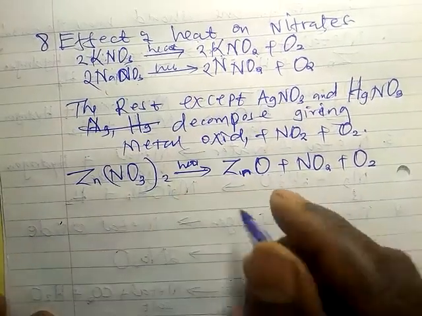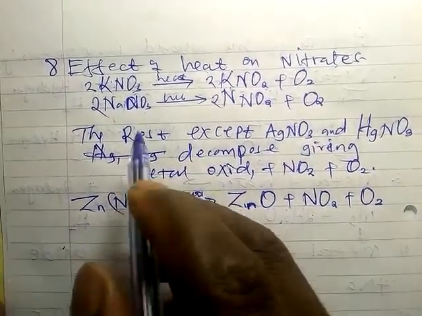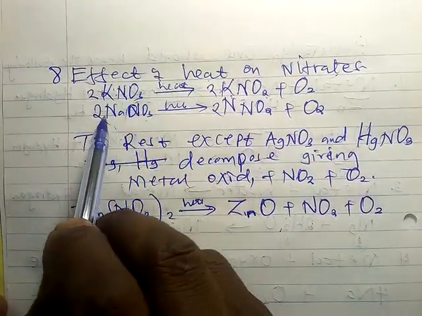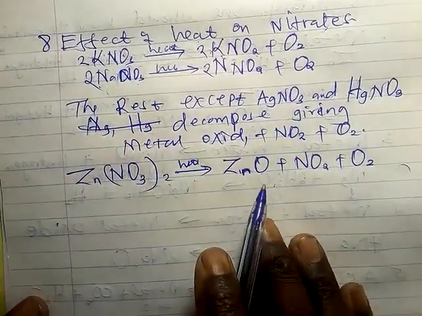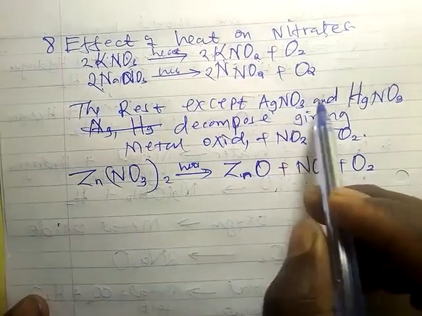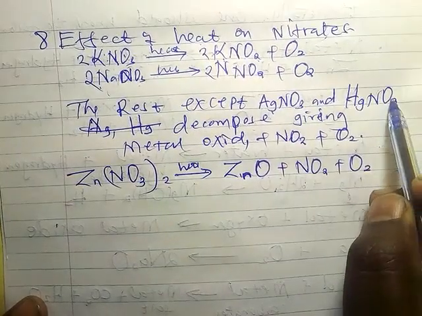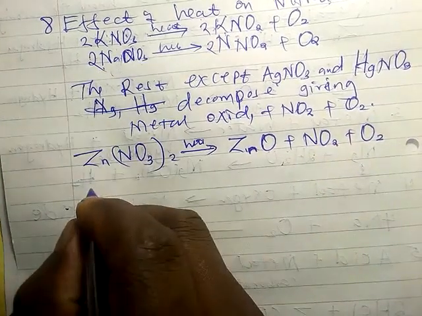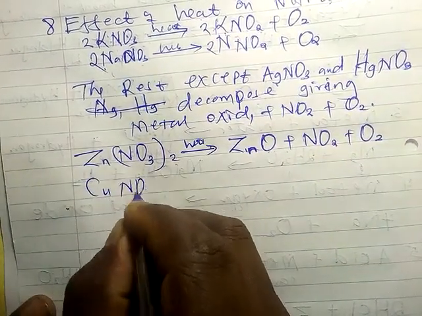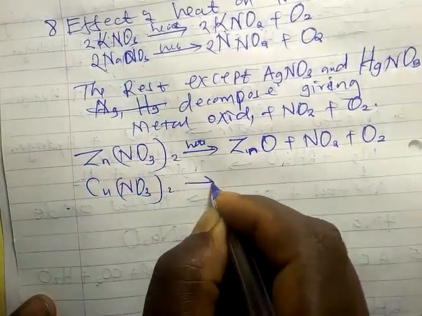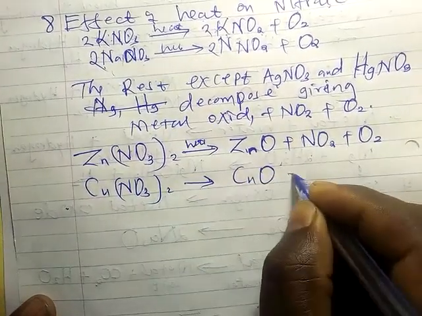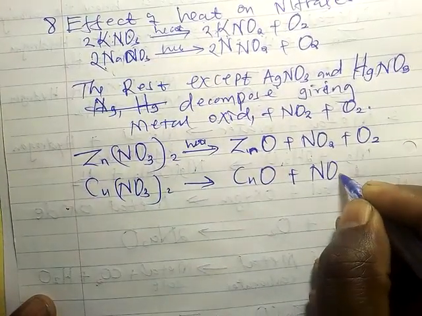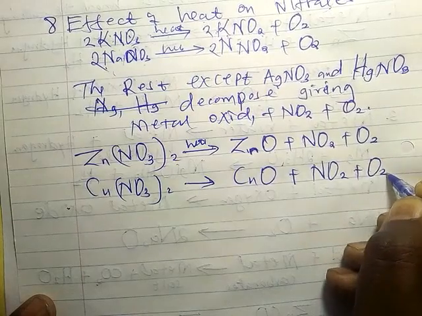All of them will behave like this except potassium nitrate, sodium nitrate, silver nitrate and mercury nitrate. The rest will behave like this. If it is copper nitrate, it will give you copper 2 oxide, nitrogen 4 oxide plus oxygen.